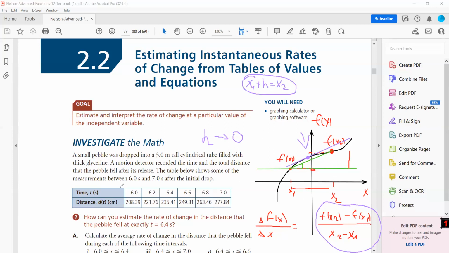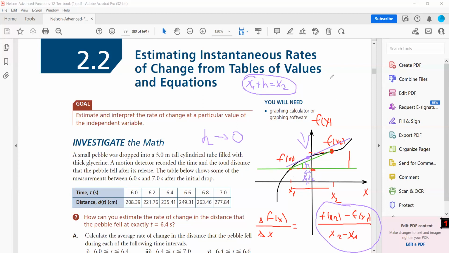For example, if we were to measure something that changes with time, this h would be a very little time frame, incredibly small. So x2 would be located very close to x1, like this. Let's say my x1 is here in purple and x2 is here, and the distance between them is h.